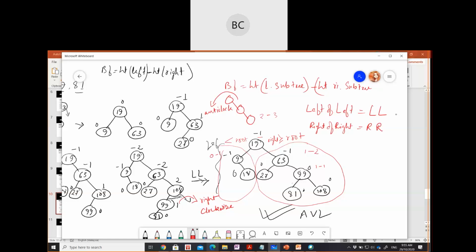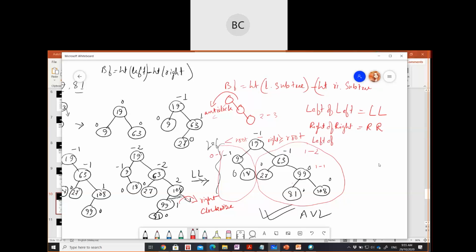And you just need to check it. In this case, you can see the imbalance here. So you are going to pull it this side, right? And if the imbalance is at this side, you will just pull it at this side, correct? Is this clear? The name is just like your LR means what?